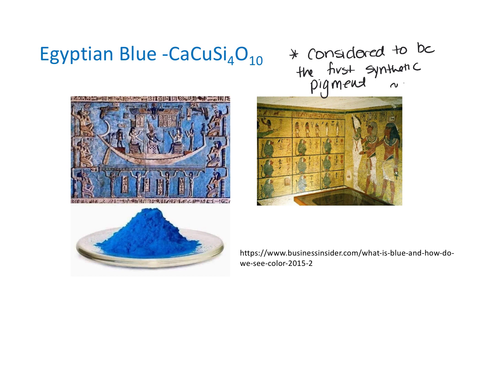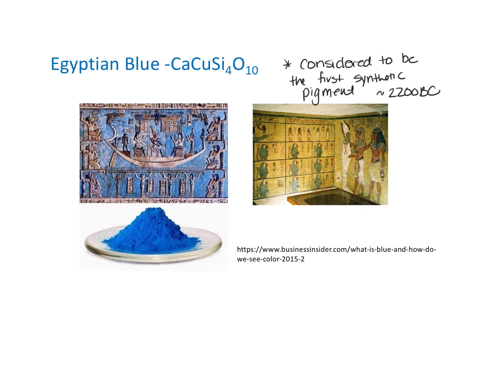It was developed around 2200 BC, about the time the Great Pyramids were built. It's made from ground limestone mixed with sand and copper-containing minerals like azurite or malachite, which is then heated between 1470 and 1650.